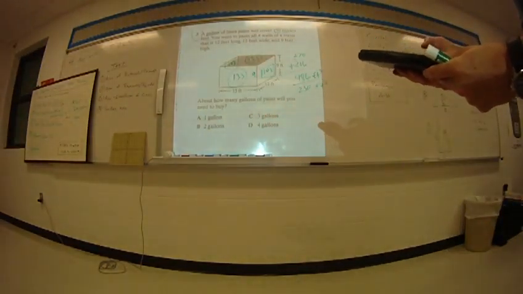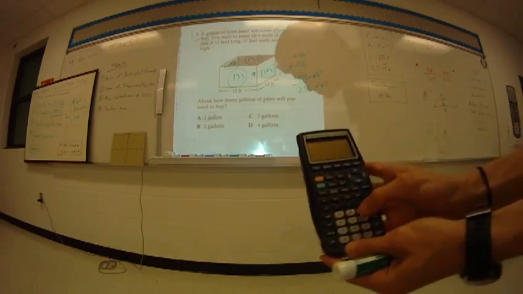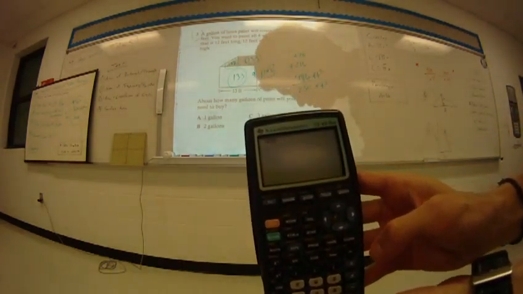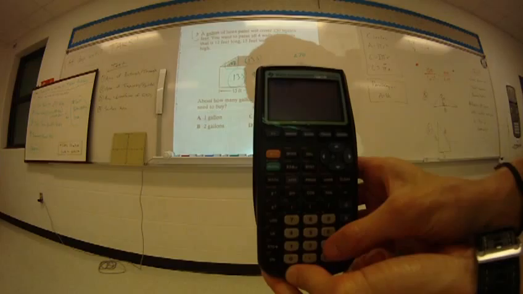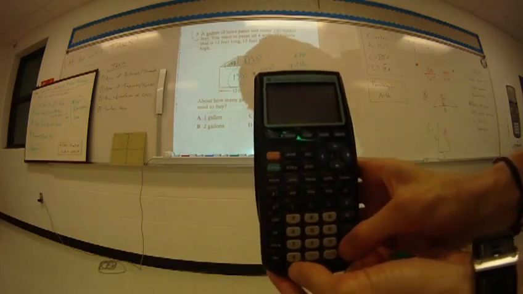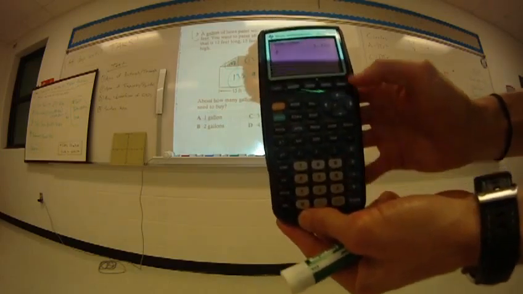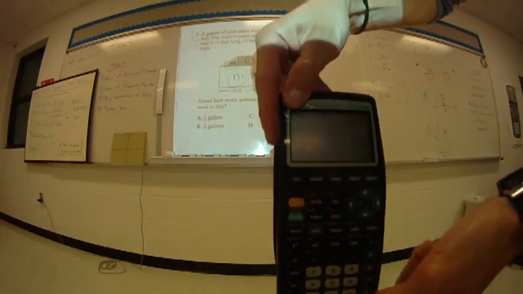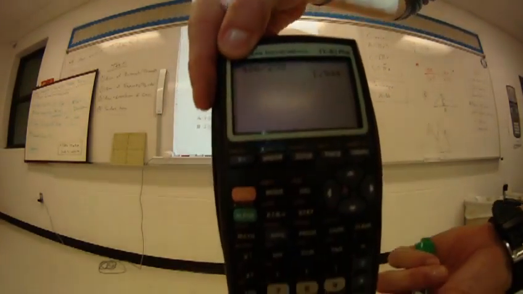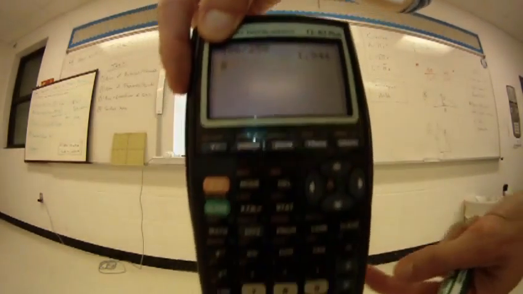If you do 486 divided by 250, and you could do it with your own calculator as well, it is going to be 1.944. So I'm going to adjust this to try to figure out how close I need to be for you to be able to see it on the camera. Okay, so 1.944.